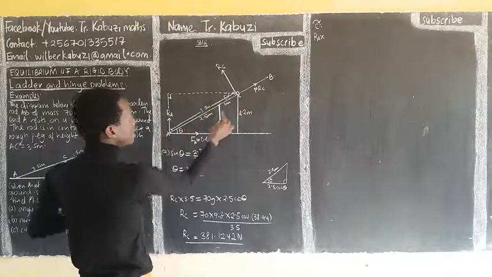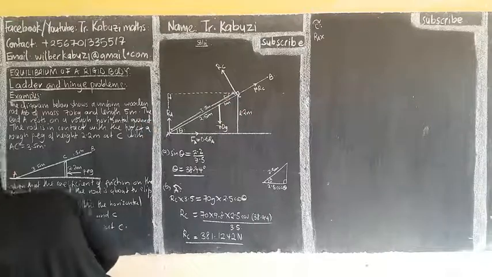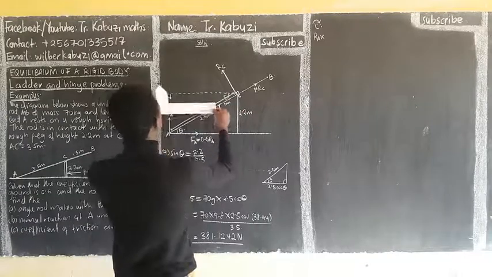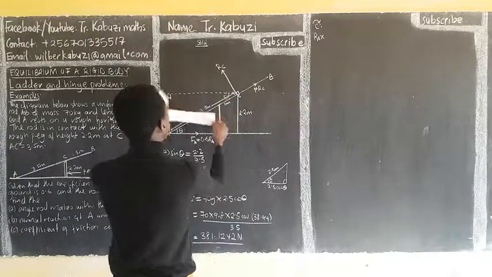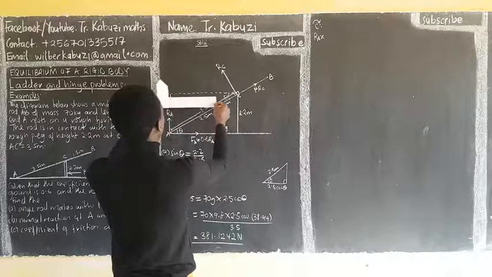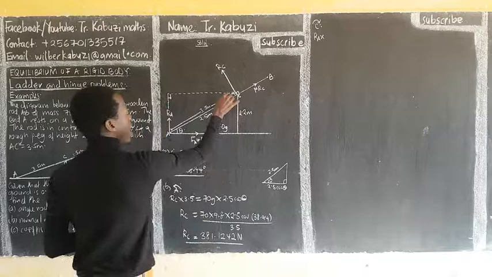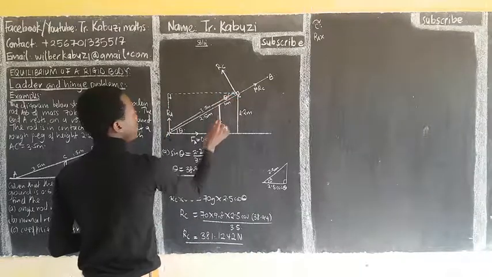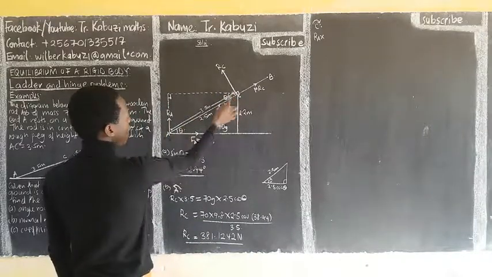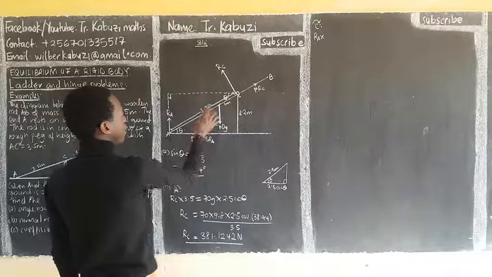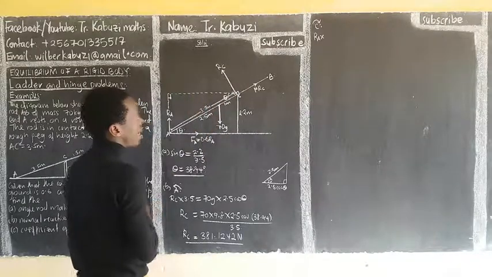The perpendicular distance from C to the line of action of this force, which acts clockwise. If this is theta and I have this hypotenuse as 3.5, then this is going to be my adjacent.